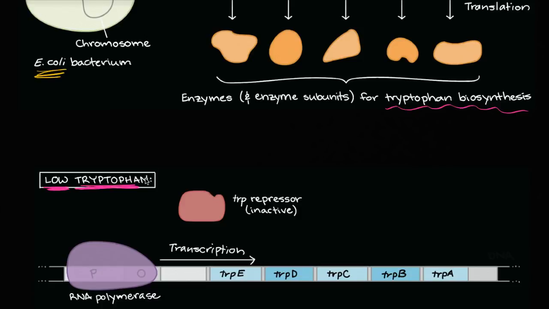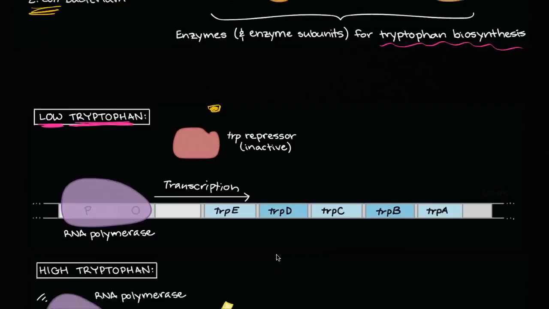And so when you have tryptophan around, you probably don't want this transcription to occur. So it would make sense that maybe tryptophan can act as a co-repressor for a repressor enzyme that would attach to the operator and block the RNA polymerase from transcribing. And that's exactly what happens.